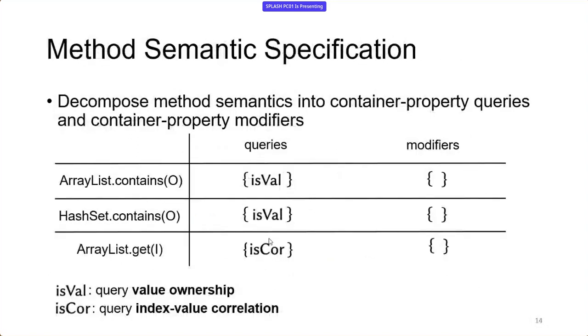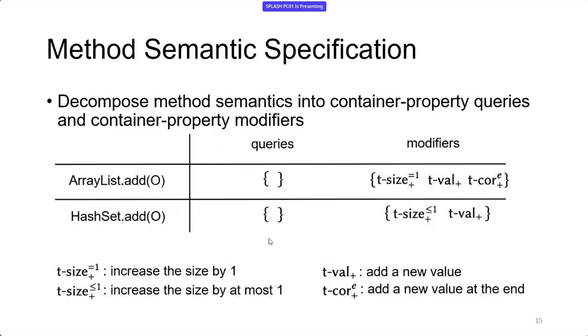According to these examples, we notice that when we invoke a container method, its semantics can be decomposed into two dimensions. The first one is the queries, and the second one is the modifier. For example, the contains and the get methods actually query the value ownership and index value correlation.